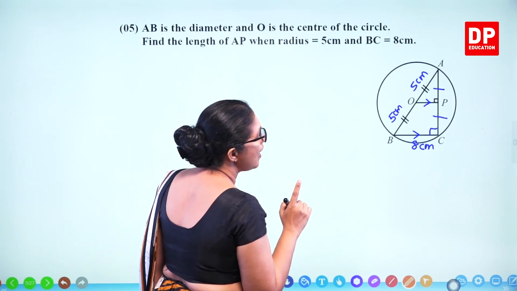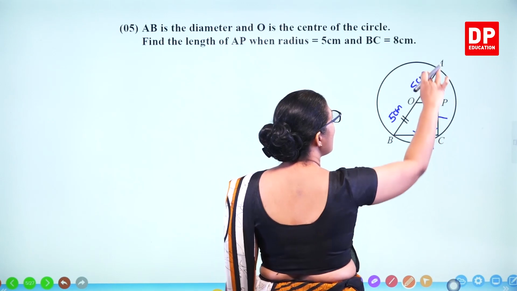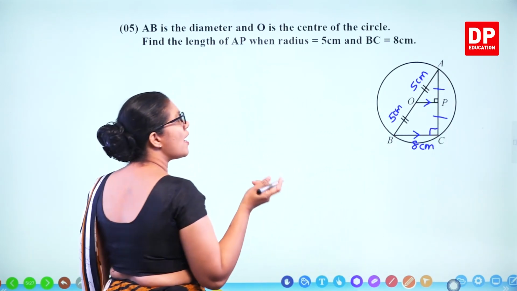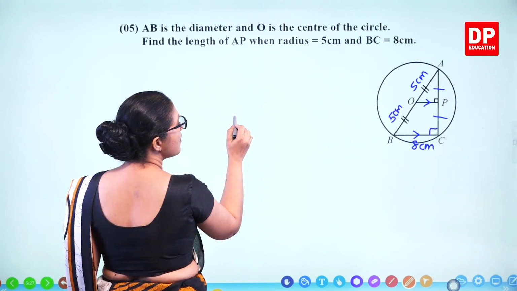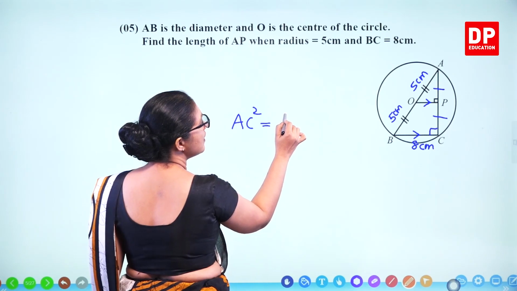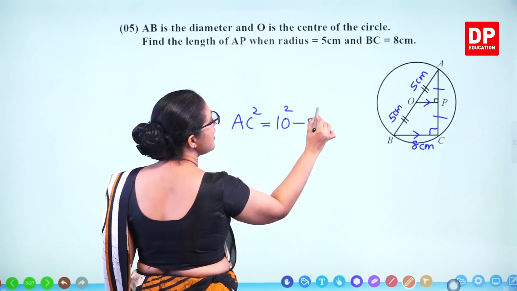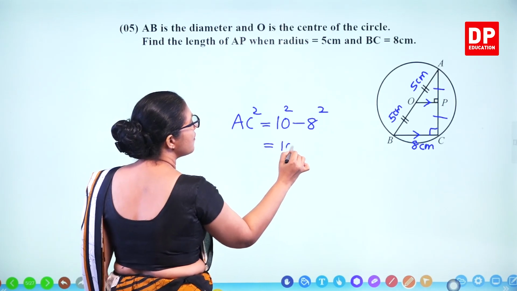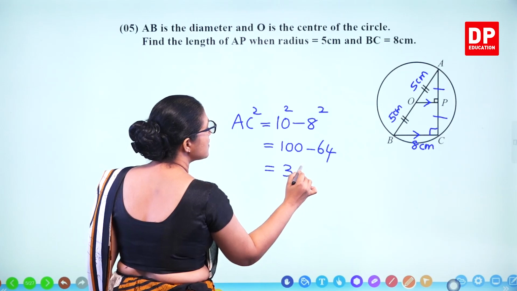So if we use Pythagoras theorem, you can find the AC length and divide by 2 to get AP. Pythagoras theorem for AC: AC squared is 10 squared minus 8 squared. 100 minus 64, you get 36.